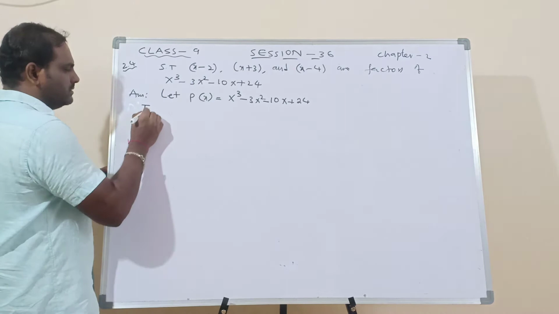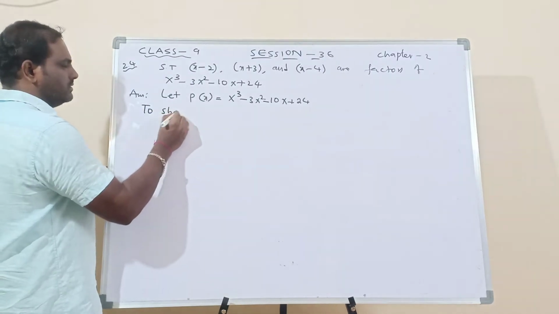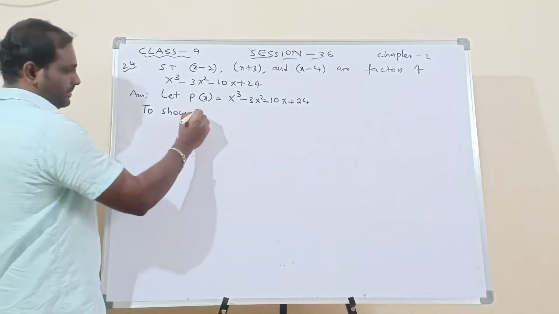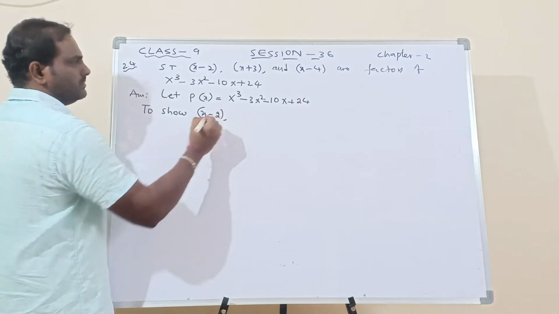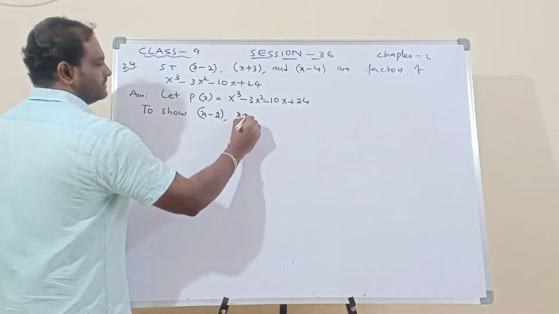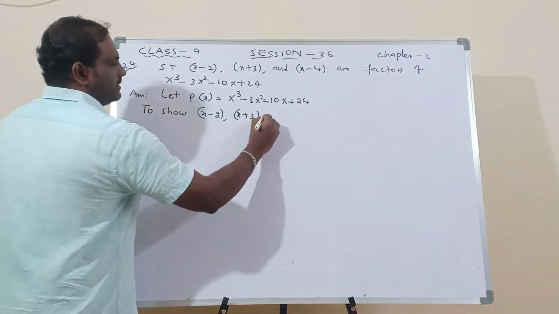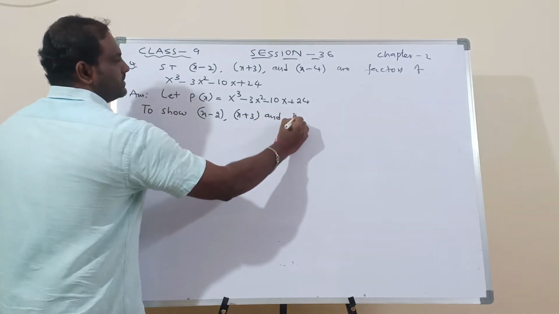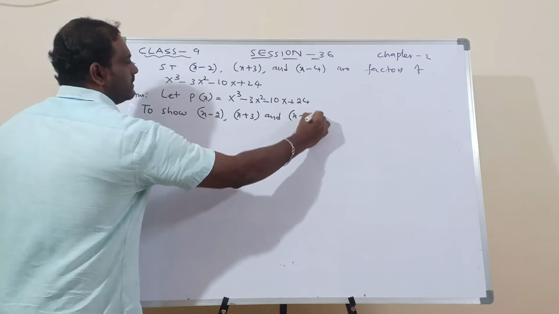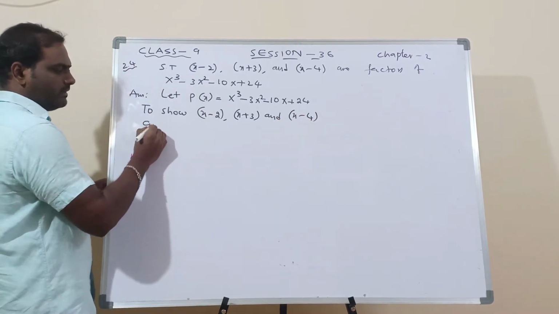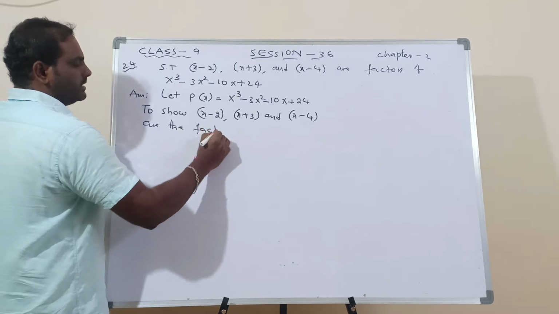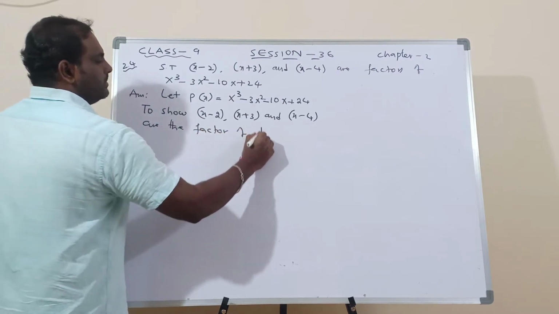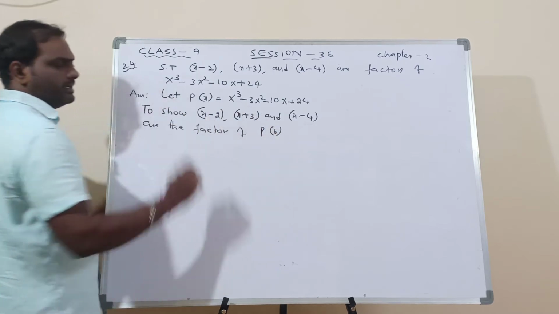Now to show x minus 2, x plus 3 and x minus 4 are the factors of P of x. This is the question given.